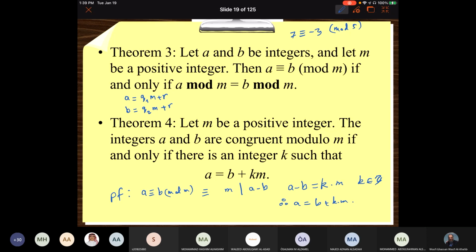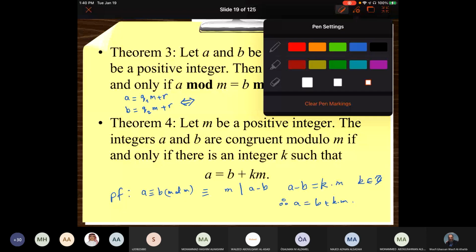Now, if a is equal to q1 m plus r and b is equal to q2 m plus r, isn't this not only implying but equivalent to what? Congruent. That a minus q1 m is the same as b minus q2 m. No, I want a minus b, because we want to prove congruence.